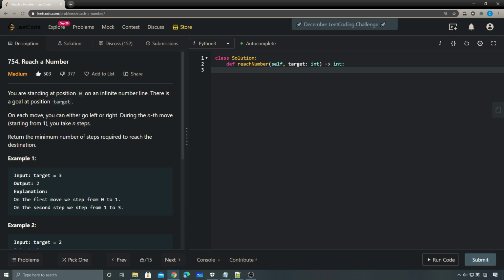You're standing at position 0 on an infinite number line, and there's a target position.